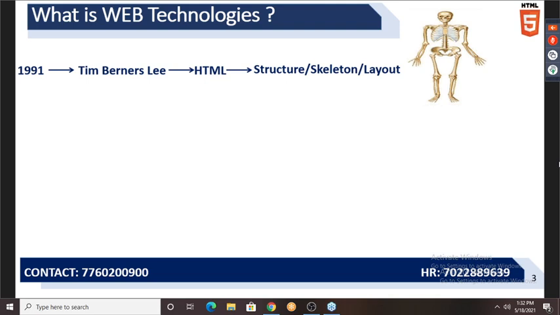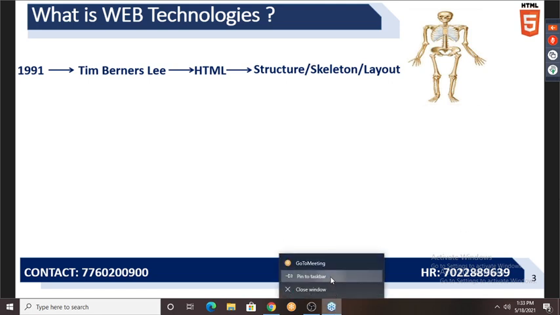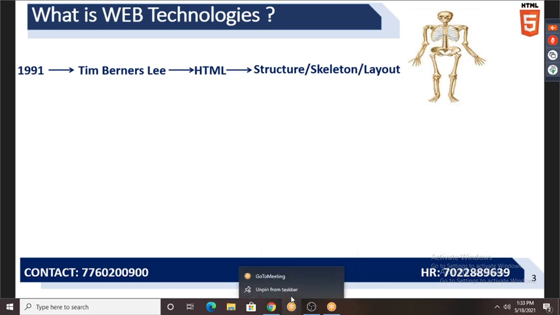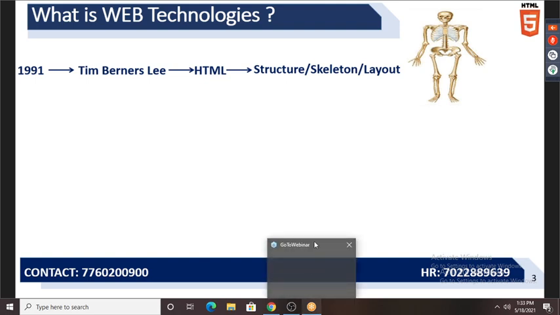When they had HTML, the UI part was done, but it was not good. It was not interactive. Compare a normal Samsung phone or a keypad phone with the recently launched OnePlus phone.